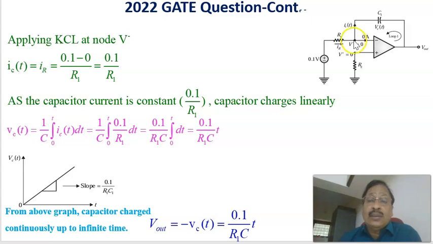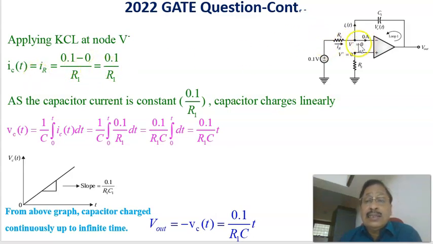At this node the voltage is equal to 0 because of the virtual ground; this voltage is the same as ground voltage. Now applying KCL at the node V minus, this current is equal to 0.1 minus 0 divided by the resistance R1.